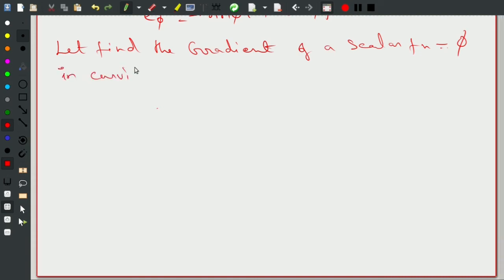In a curvilinear system, phi must be a function of u, v, and w.